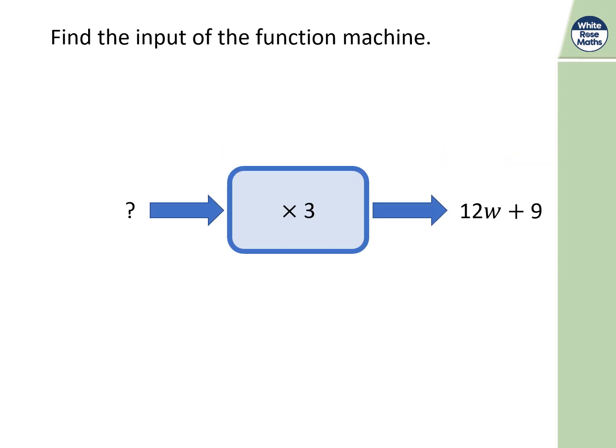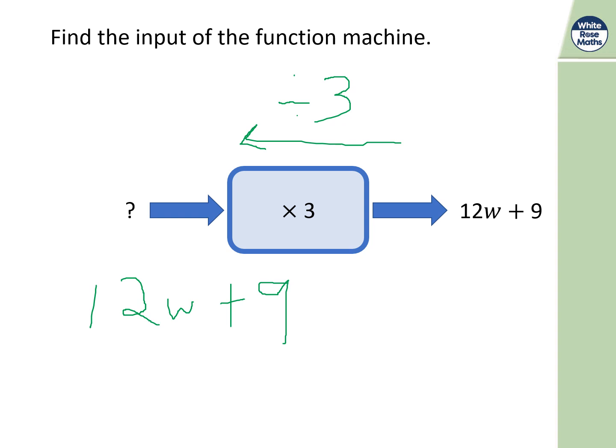This next one, find the input of the function machine. So something times 3 and I get 12w plus 9. Going backwards, I'm going to divide by 3 because that's the opposite, inverse operation. So 12w plus 9, all divided by 3.